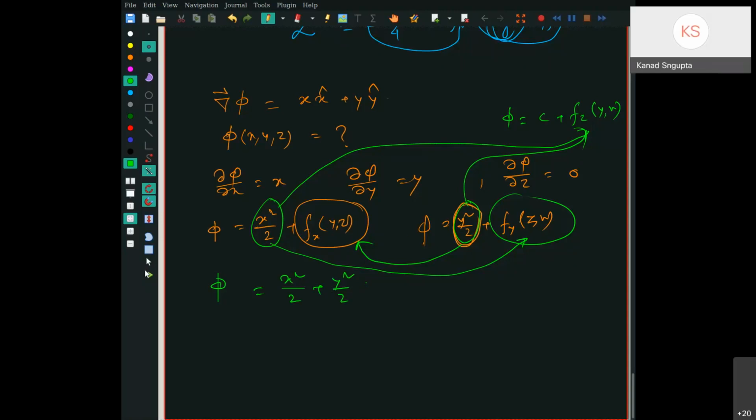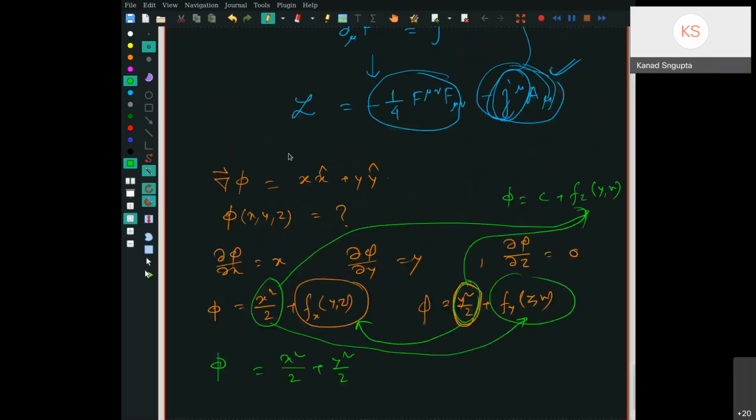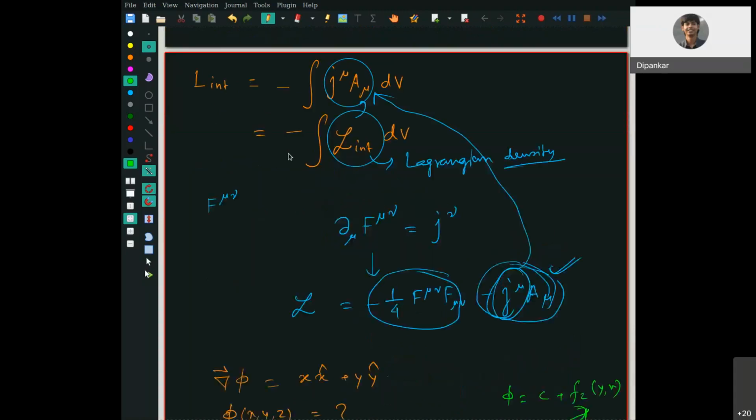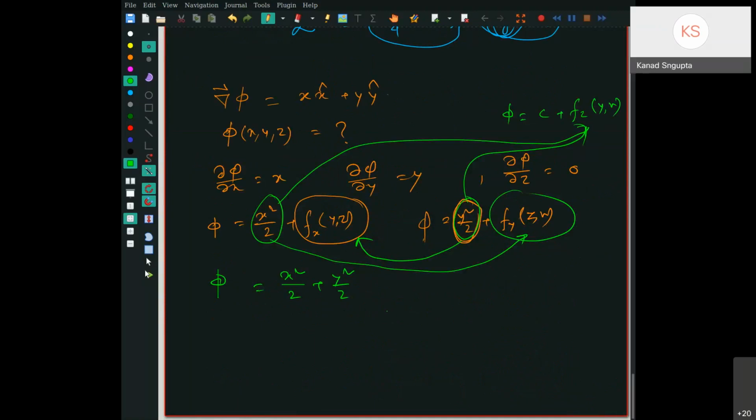Sir, you define that Lagrangian density and integral over a volume. If I integrate out over the entire volume, even a small amount of J mu A mu will blow up. Then how can... No, those J mu's would be vanishing at the boundary. That's how you use conservation of charge, right, from the equation of continuity. You remember this, del rho del t plus divergence of J equals 0. By the way, this can be written as del mu J mu equals 0.